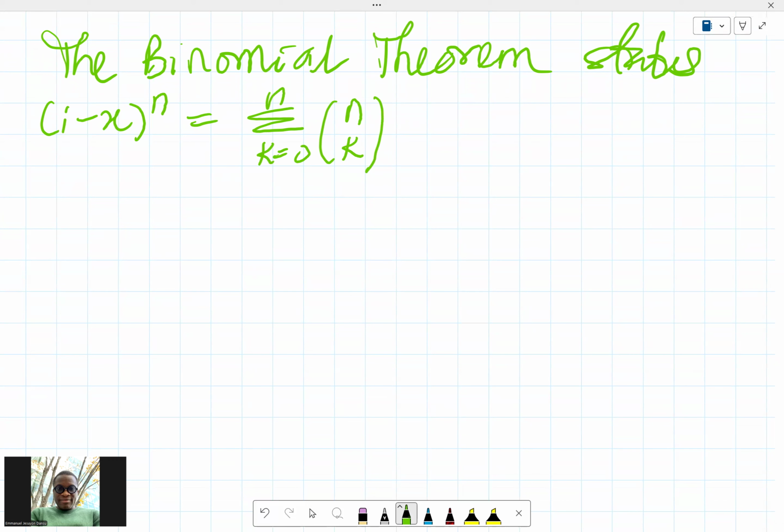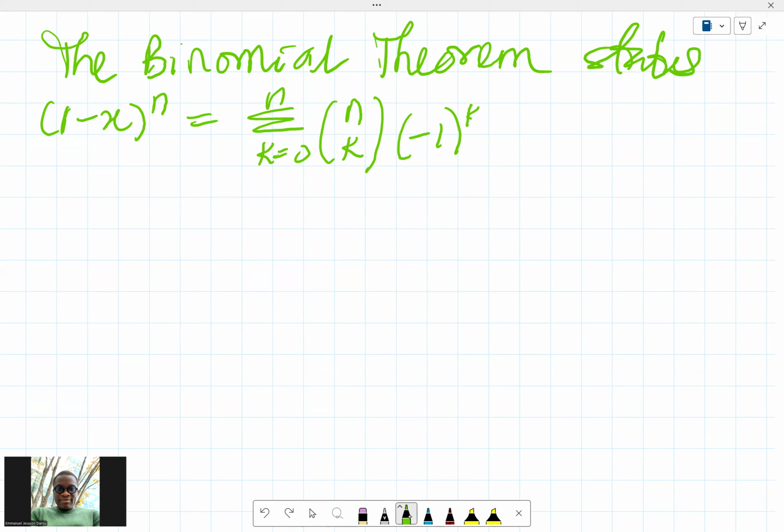Now, normally we know this should be 1 raised to power n, x raised to power 0, and that goes on. But all the 1 raised to power whatever is just going to be 1. So at the end of the day, all that would matter will be the signs.